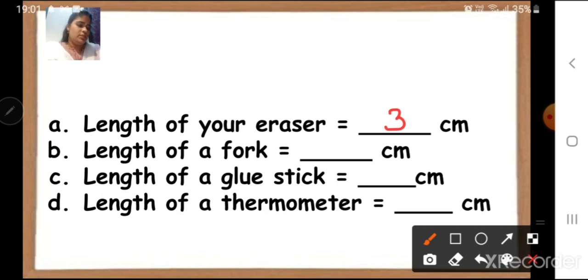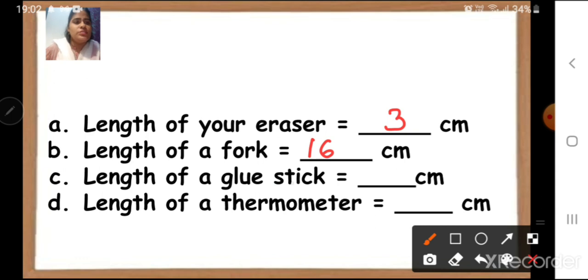When I measure it, I got 16 centimeter. Children, the size of the eraser or the fork may be different at your place, so the answer can change. It is okay, but see to it that the answer is in centimeter.